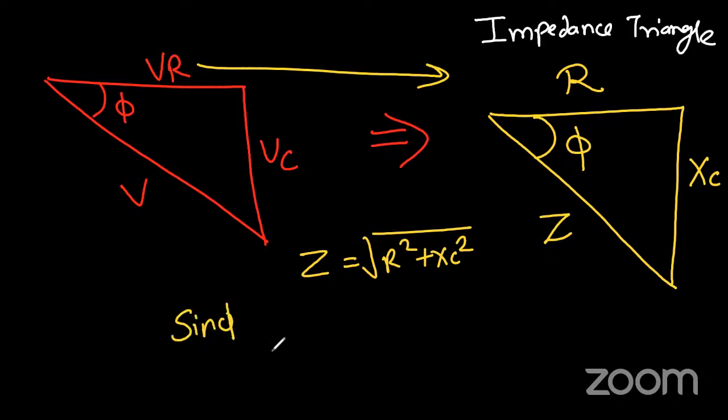Chalo, use the chat box and just give the answer. What is sin phi? What is cos phi? And what is tan phi? Just give me all values. हमने बहुत बार किया अभी.